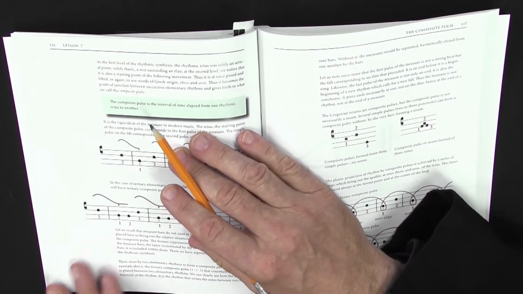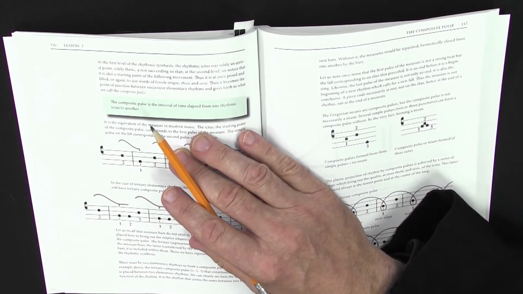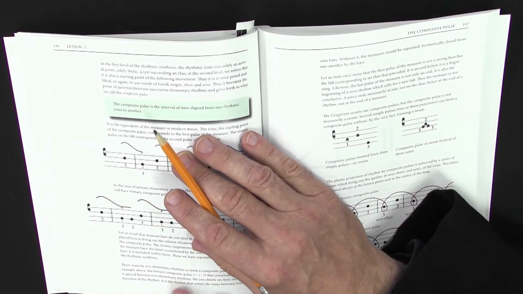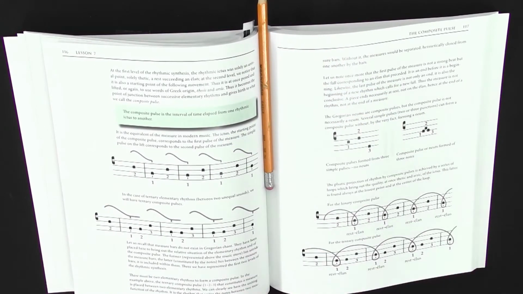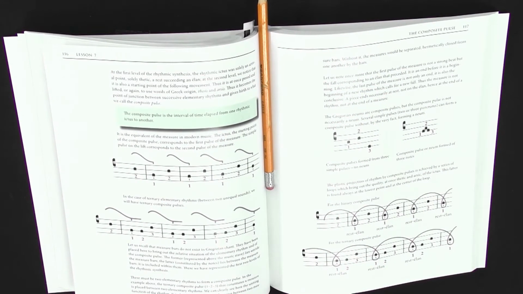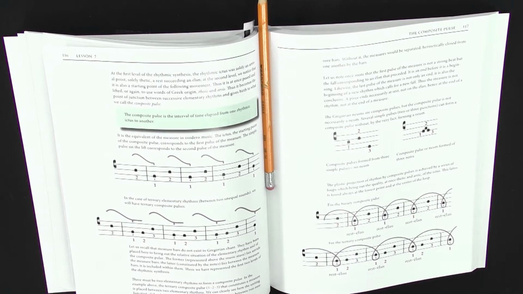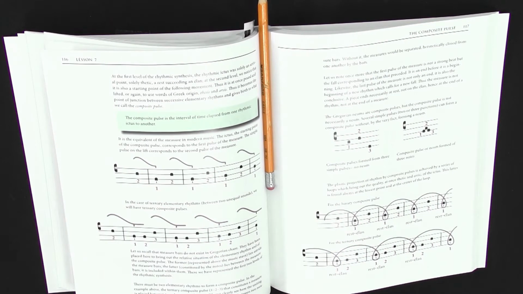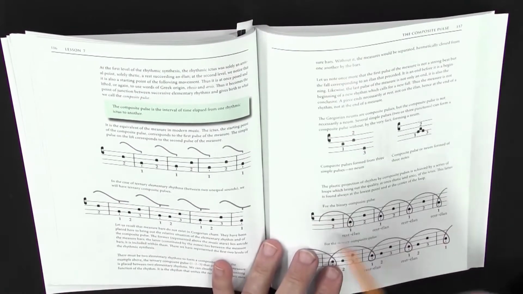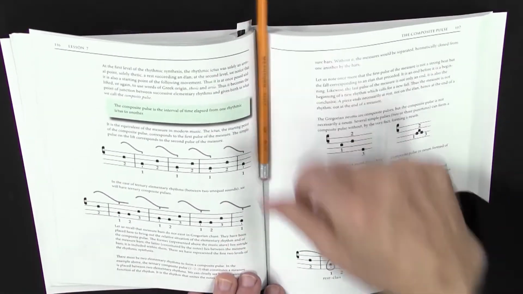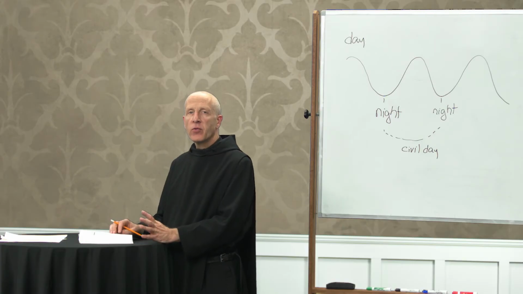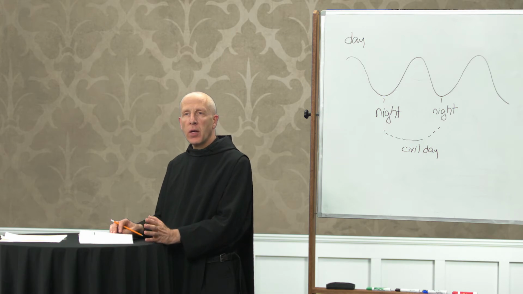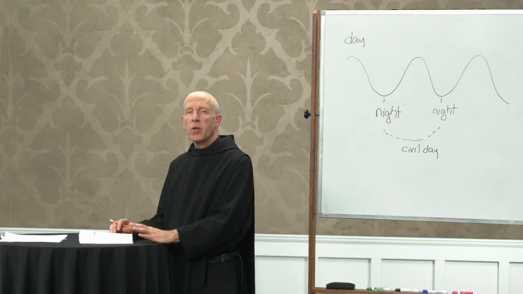So therefore, in order to make a composite pulse, you have to take 2 elementary rhythms and join them up in order to have enough to make a composite pulse.